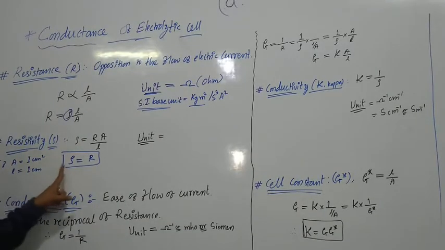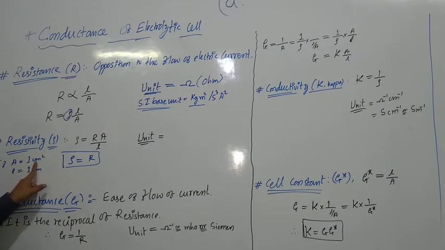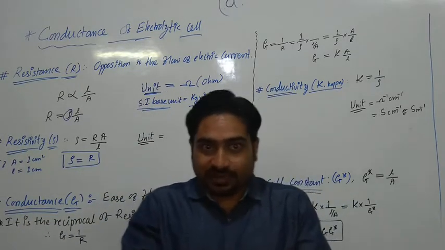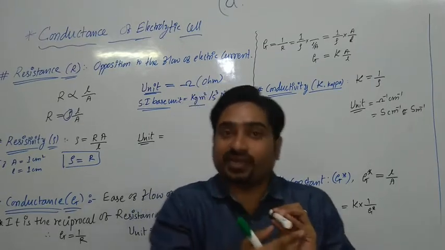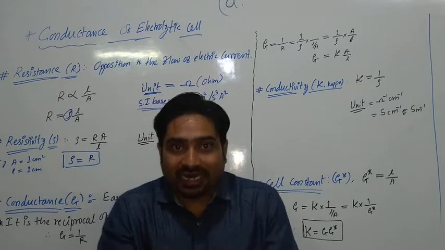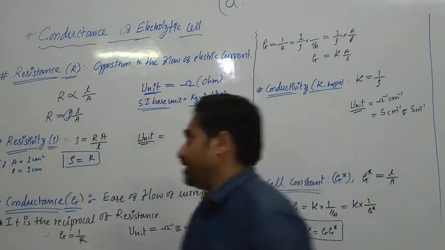The resistivity of a conductor is the resistance of the conductor when the cross-sectional area is 1 square centimeter and its length is 1 centimeter. Then the resistance of this material is called its resistivity.